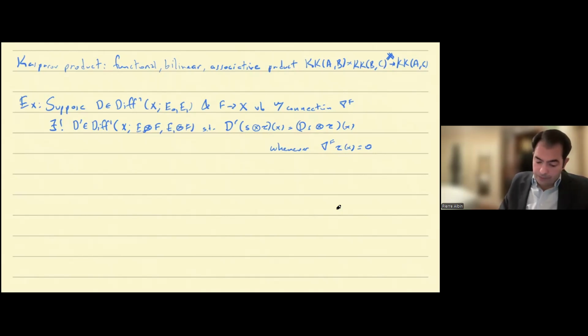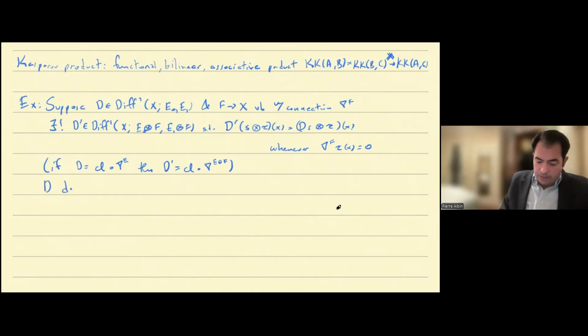If D is a Dirac type operator, so just Clifford tensor with a connection, then of course all we're doing is replacing the connection with the tensor product connection.